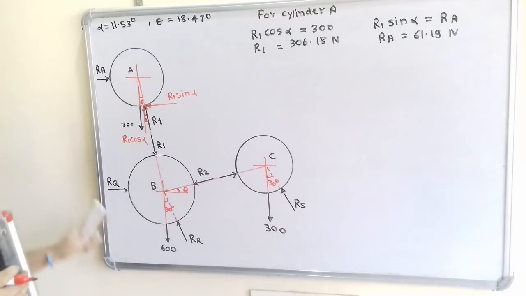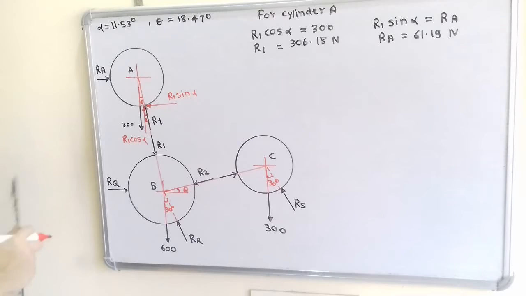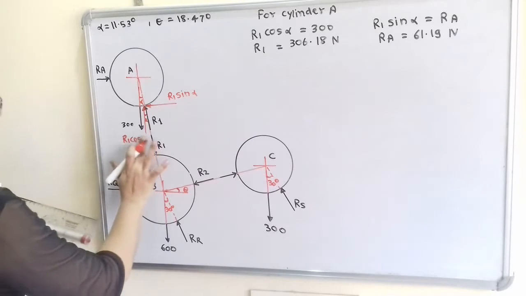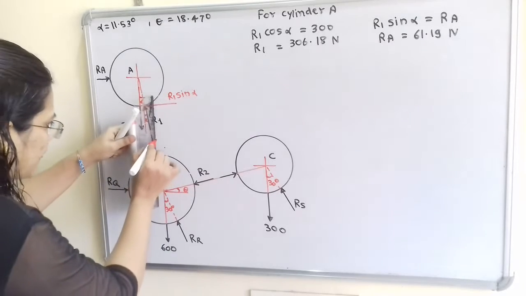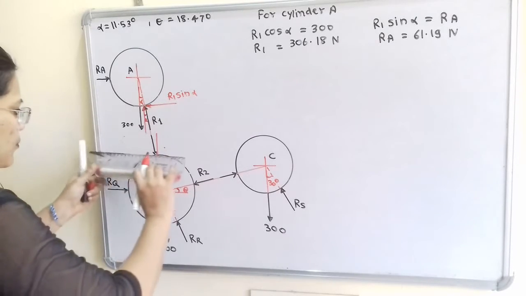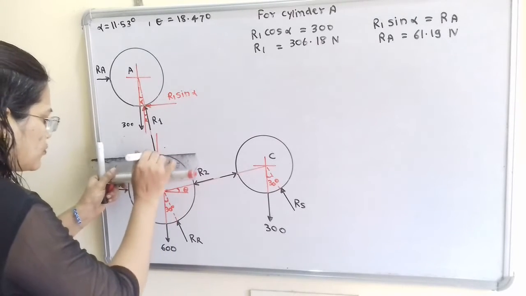Now we will move to the sphere B. For this sphere B, we will resolve the components R1, R2 as well as RQ into horizontal and vertical components. So I will write here. I will draw this vertical component, and here is the horizontal component.